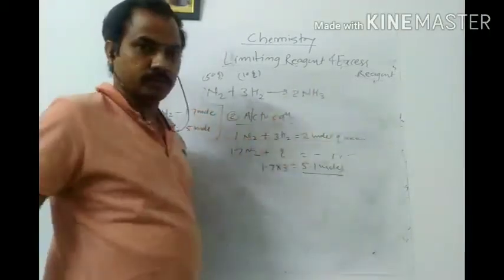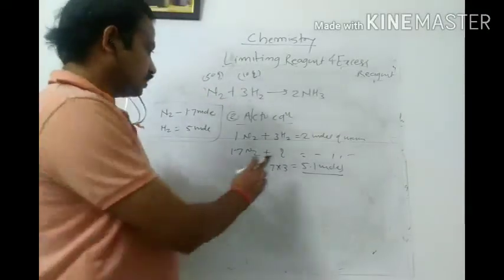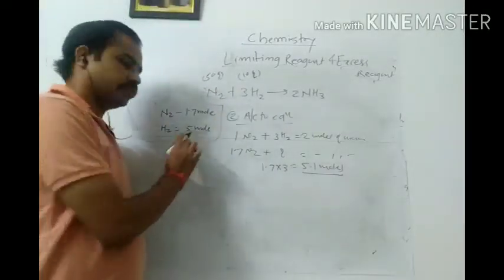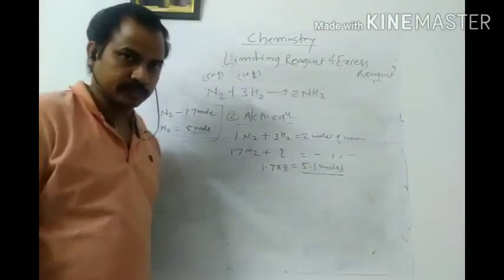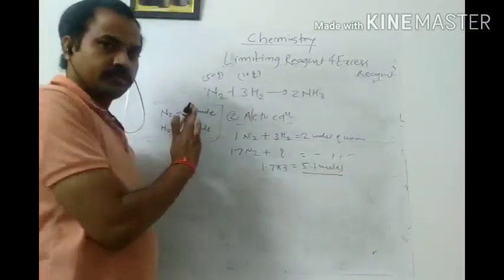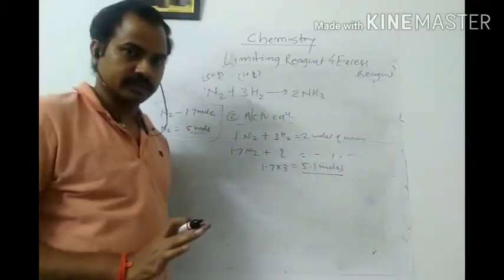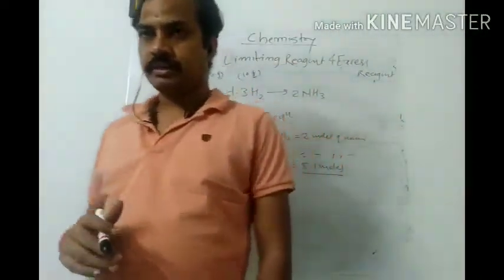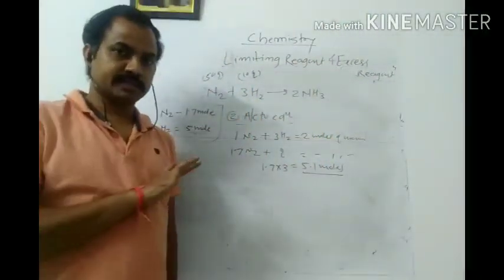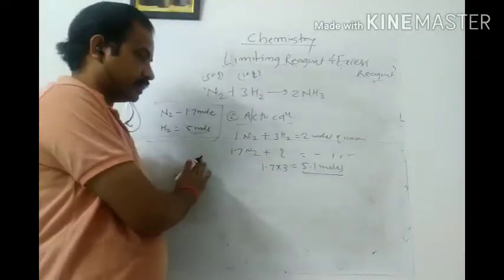Here, the total number of moles available for hydrogen is only 5, but required is 5.1, isn't it? So the available moles are less. According to the definition of limiting reagent, the reagent which gets completely consumed is the limiting reagent.